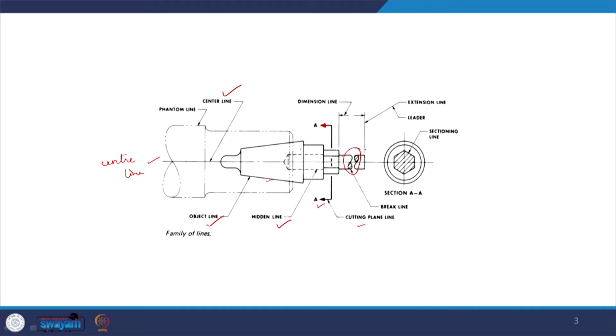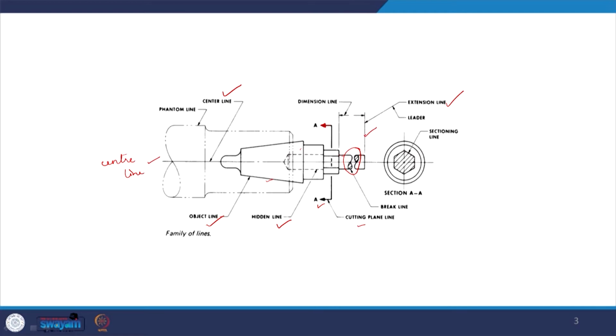Now in case we have some dimensions to be mentioned, suppose I have to mention the dimension of this piece even after it is broken, I will extend the edges of the object, which is represented through the extension line, and this is the dimension line.